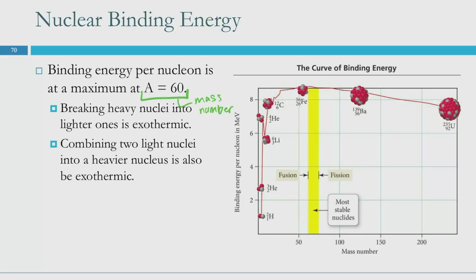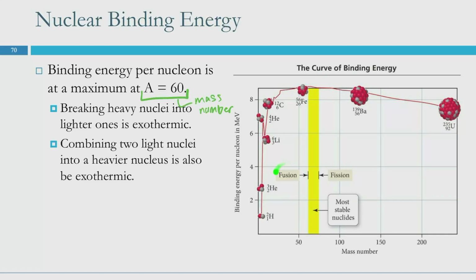What this means is that if we react nuclides together, these lower mass nuclides are going to have a tendency to fuse. They're going to combine together to increase their binding energy. And these things that are bigger are going to tend to break into smaller bits, which also increases their binding energy.